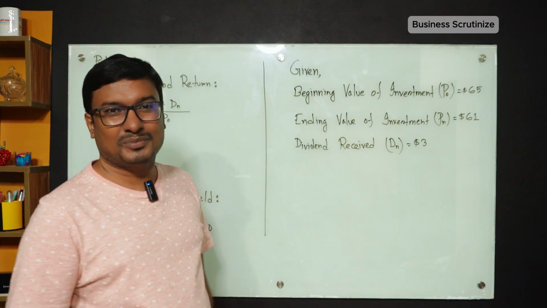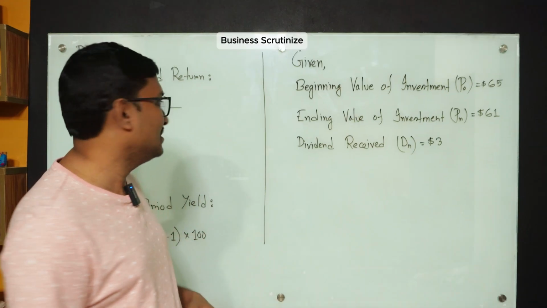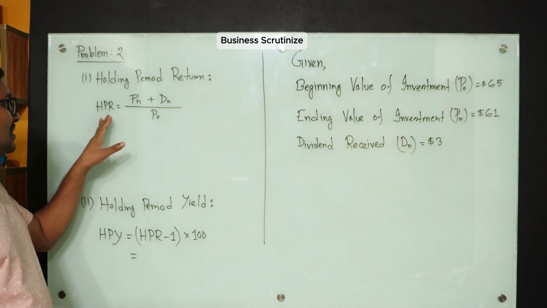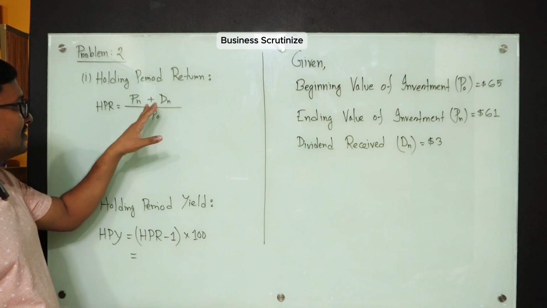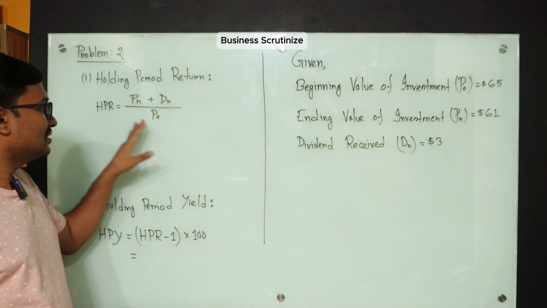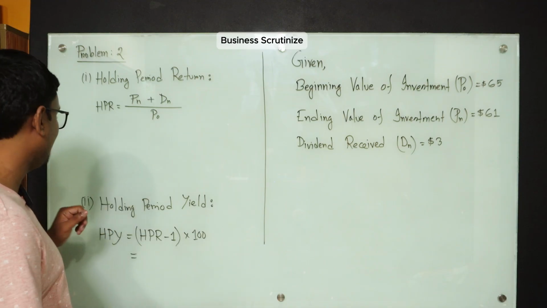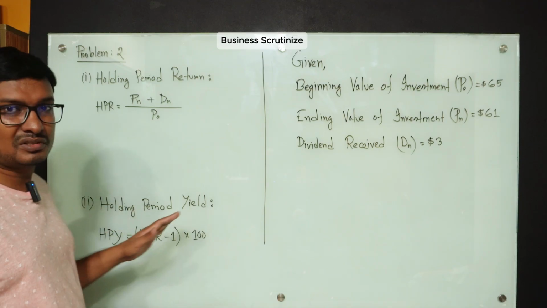Considering this data, we have to compute two requirements, like in problem number 1. The first is the holding period return, symbolically written as HPR, and the formula is Pn plus Dn divided by P naught. The second requirement is the holding period yield.